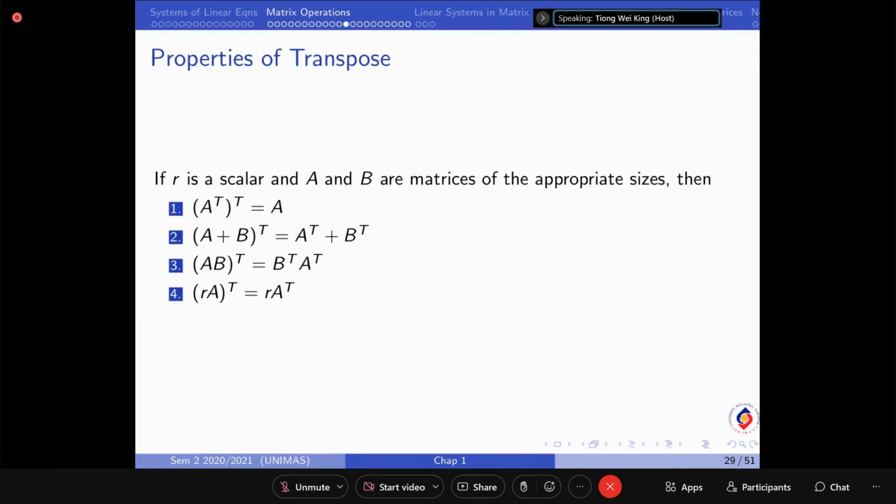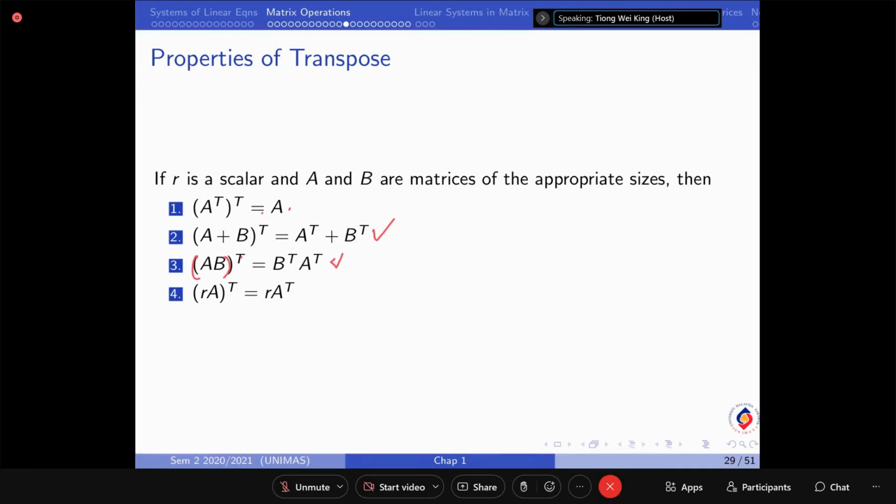So properties of transpose. A transpose transposed again will get back to the matrix A itself. This is what we showed already. (A plus B) transpose equals A transpose plus B transpose. And then (A times B) transpose equals B transpose times A transpose. So this one you need to be extra careful because the order is different.